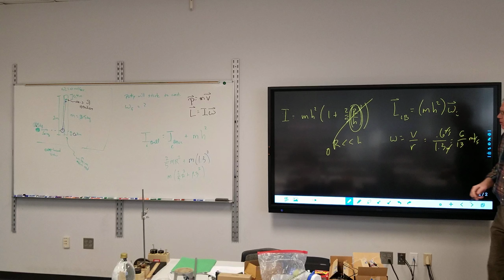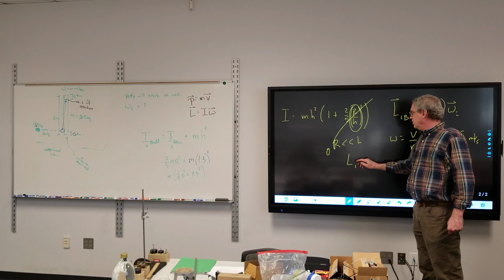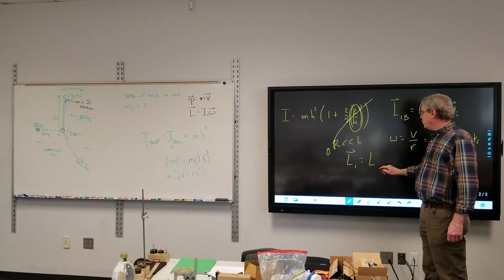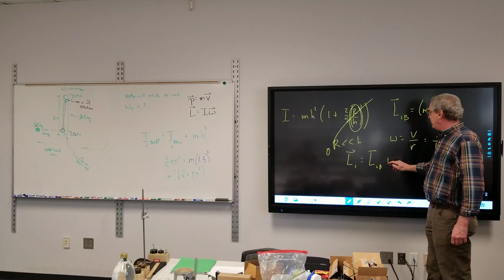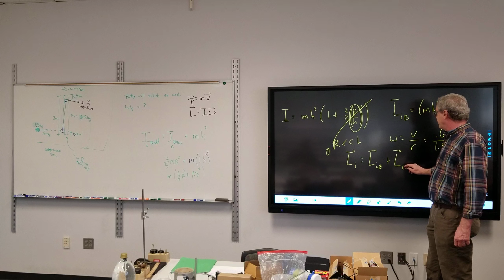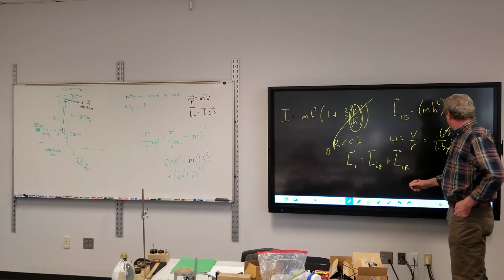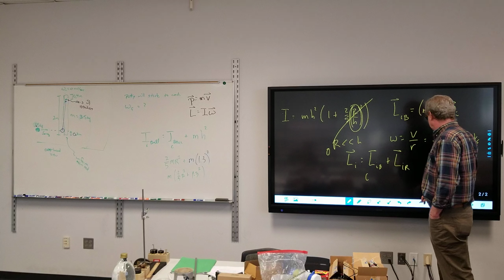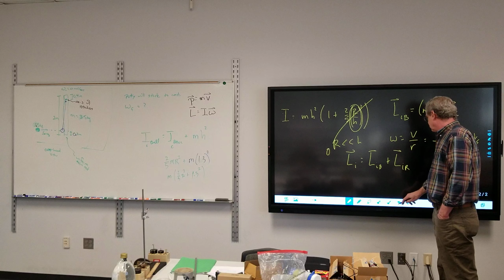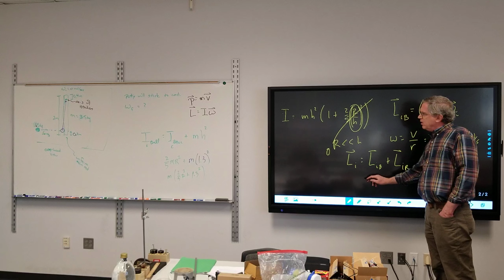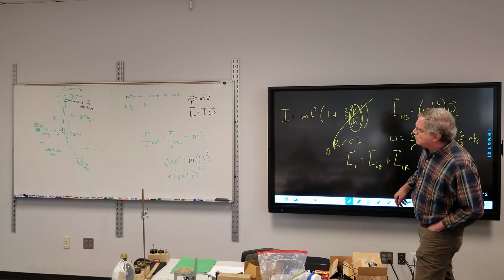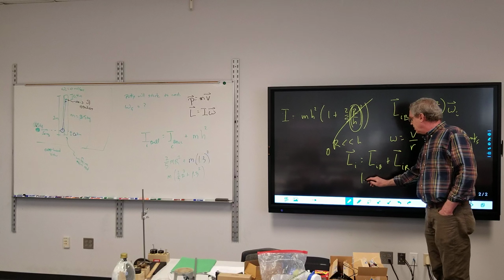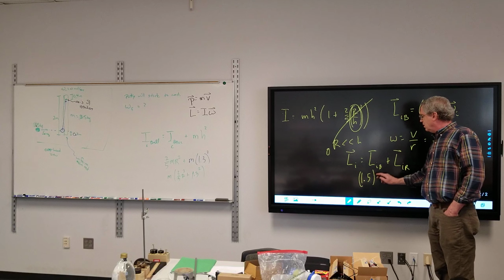So I now know my initial angular momentum is the angular momentum initially of the ball plus the initial angular momentum of the rod. We have just figured out that this is 6/13 rad per what?